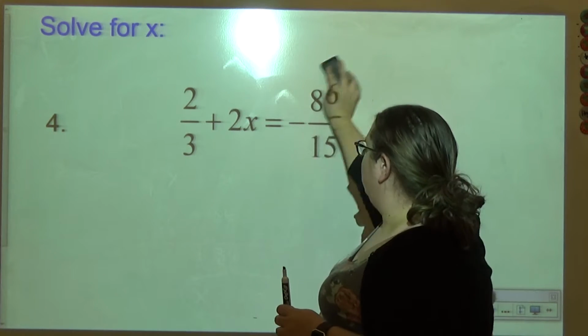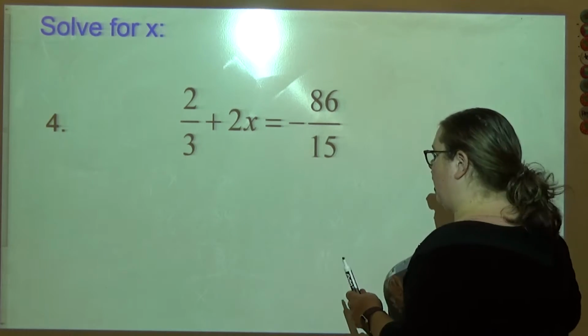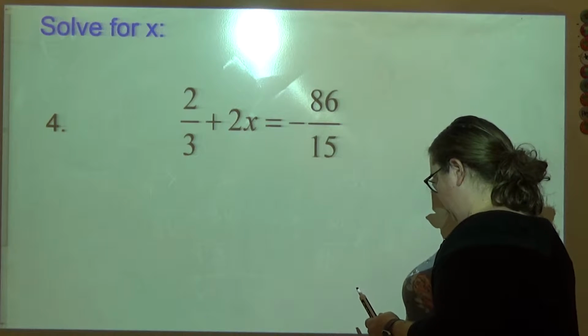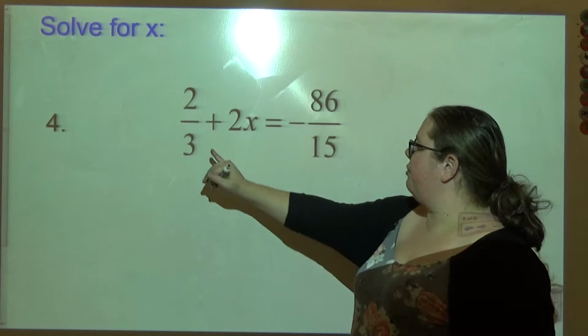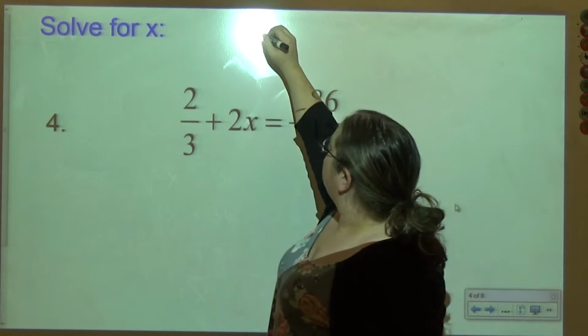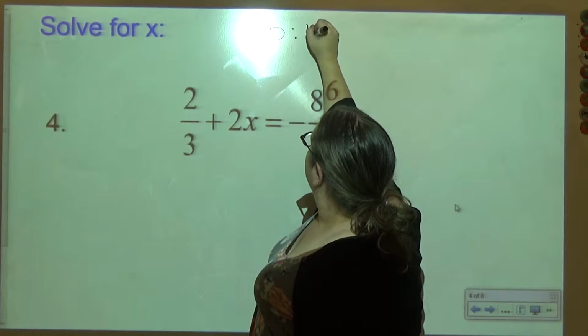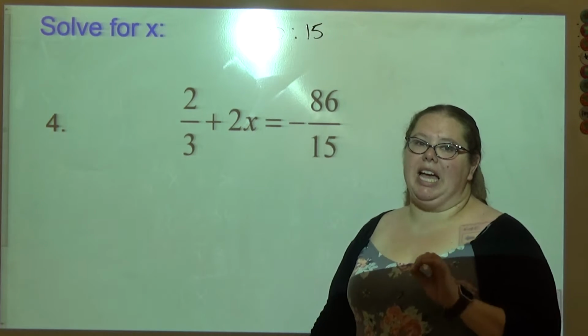Write the problem down and think about what is my common denominator. Alright, my common denominator in this case, we have 3 and 15, is 15. So we're going to multiply everything by 15.